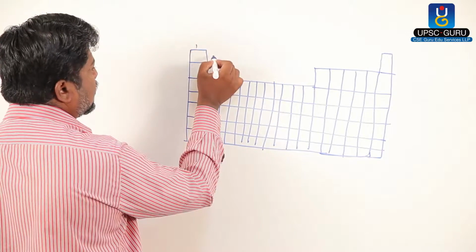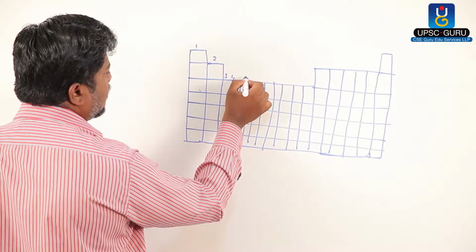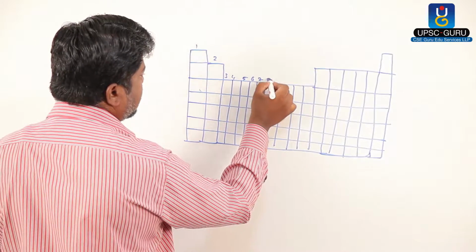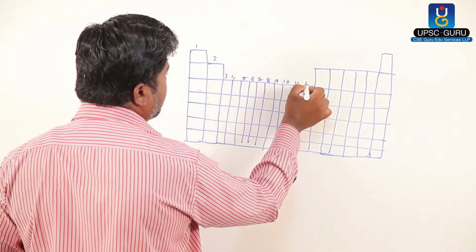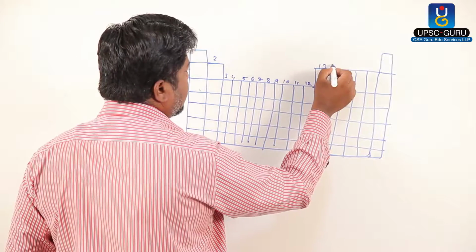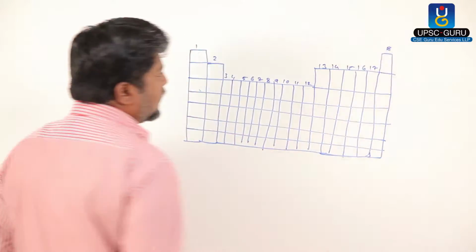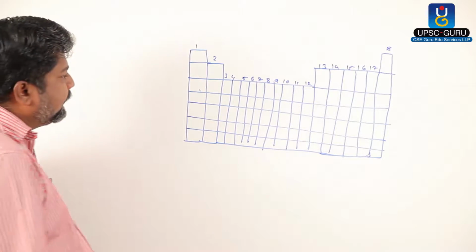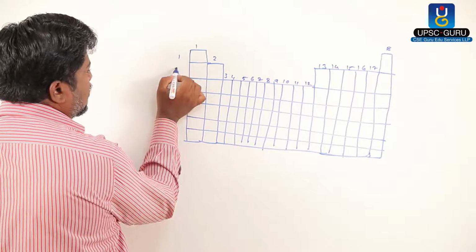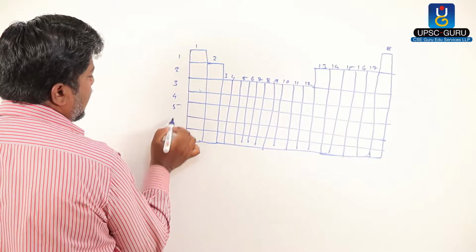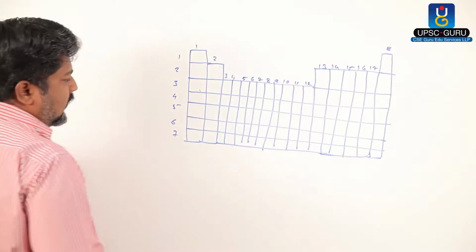You are aware of groups 1, 2, 3, 4, 5, 6, 7, 8, 9, 10, 11, 12, 13, 14, 15, 16, 17, 18. So these 18 groups are there. Now rows number 1, 2, 3, 4, 5, 6, 7.